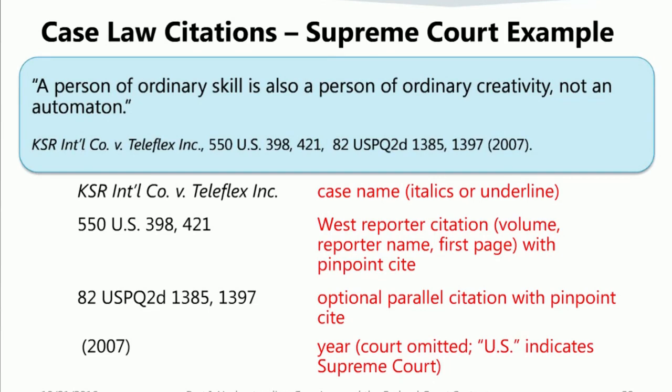USPQ2D is the abbreviated name of the reporter, which is United States Patent Quarterly, Second Series. The first page of the decision, 1385, and the page where the quote may be found, 1397, are also indicated. Finally, the year of the decision is indicated in parentheses.